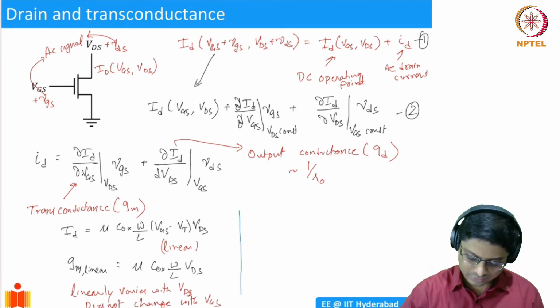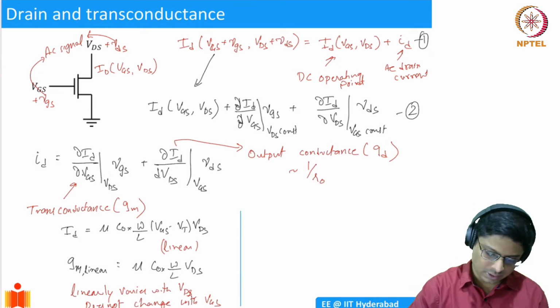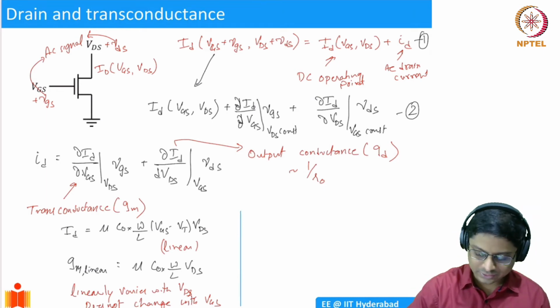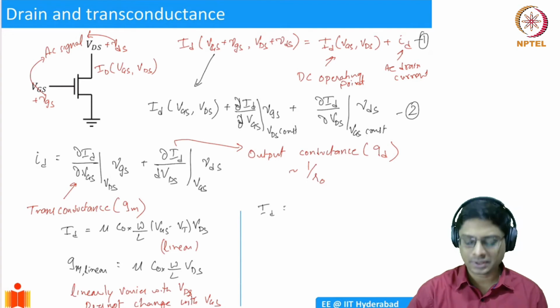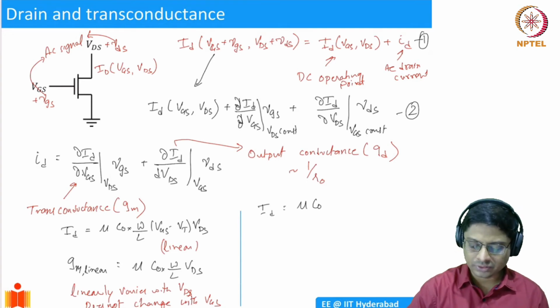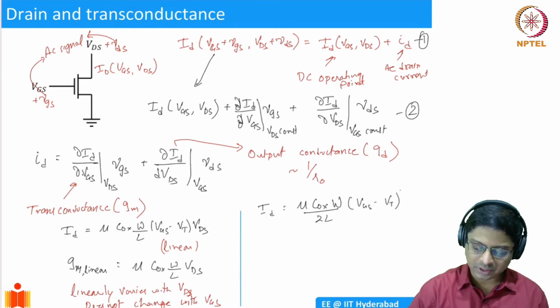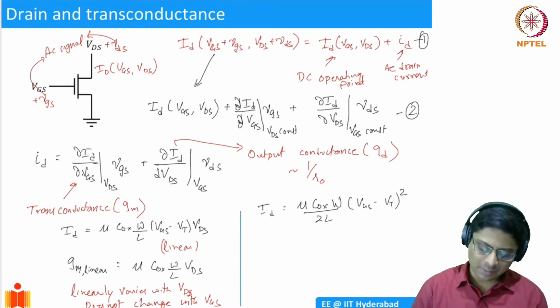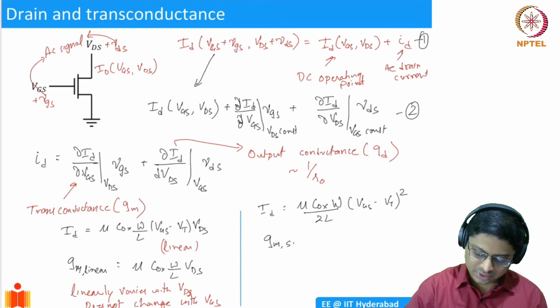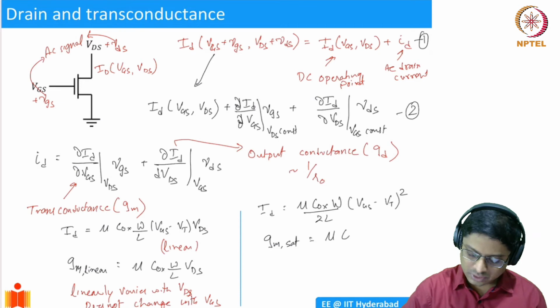You could also have the saturation transconductance. ID in the saturation regime is going to be mu Cox W by 2L times (VGS minus VT) whole square. Remember there's a half. So what happens now to transconductance? GM in the saturation regime: the 2 will cancel out, so you get mu Cox W by L times (VGS minus VT).